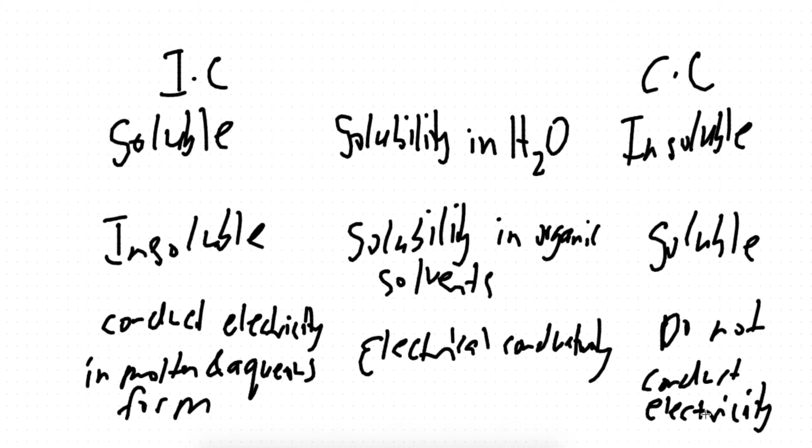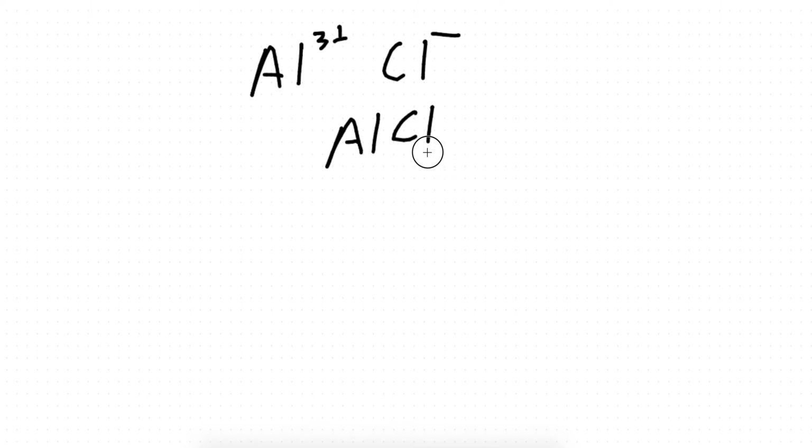And how did we form our ionic equations for ionic compounds? Remember, if you have, for example, aluminium chloride, so Al3+ and Cl-, you would get AlCl3.